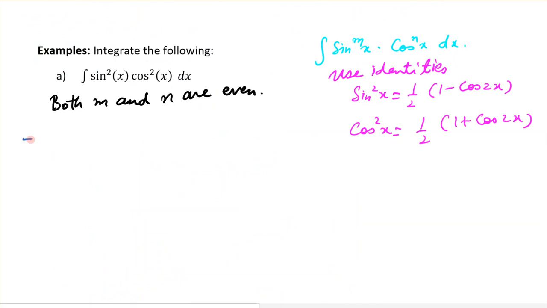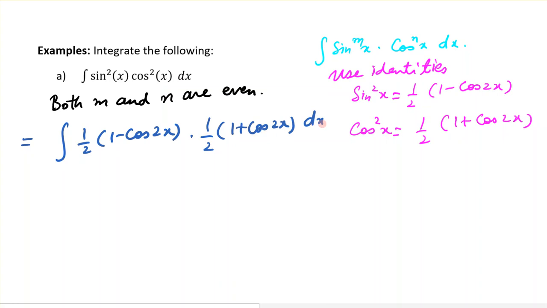So we can rewrite our integral as: in place of sine square, we write half of 1 minus cosine 2x, and in place of cosine square, we write half of 1 plus cos 2x, dx. In the next step, we notice that 1/2 times 1/2 is 1/4, and we have 1 minus cosine 2x and 1 plus cosine 2x, so we can use the difference of squares.